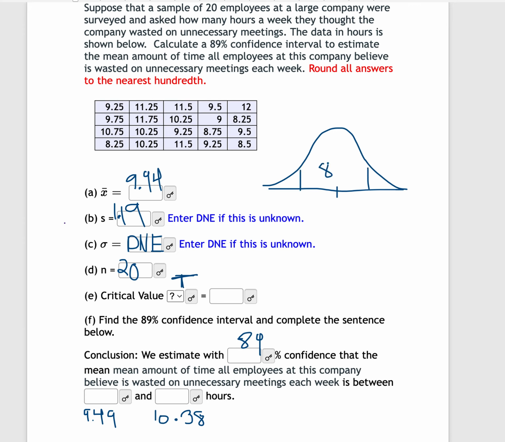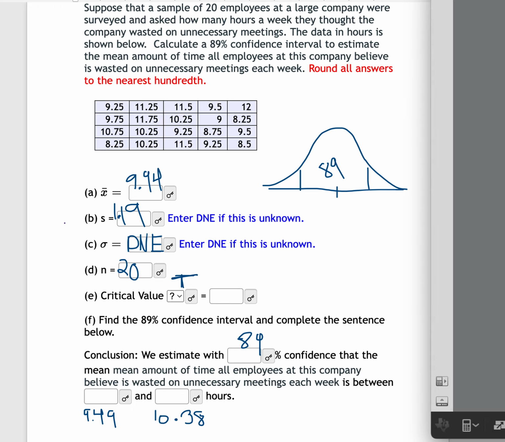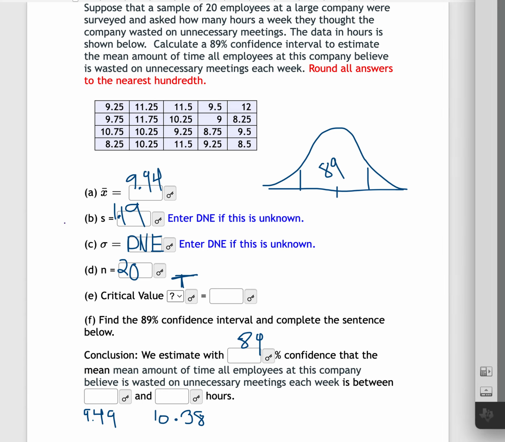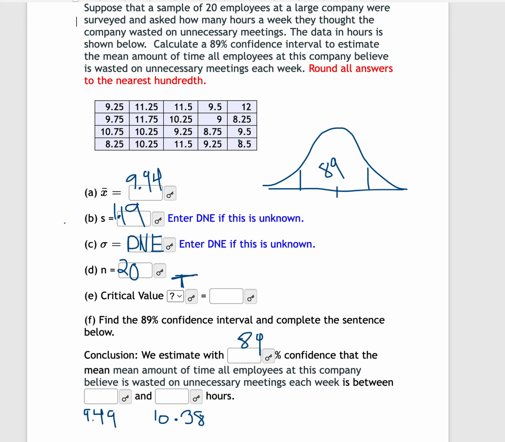So 89% is going to go in the center here, which means that there is 11% left over. And if I split it up between the two wings, that's going to give me 5.5% in each wing. So we're not using z's now, we're using t's because we're doing t interval.